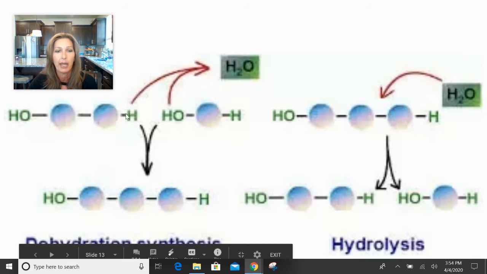Remember that anytime we are doing dehydration synthesis, we are building polymers. Anytime we are performing hydrolysis, we are breaking down polymers into smaller subunits. So if I refer to hydrolytic enzymes that are in lysosomes, hydrolytic enzymes are breaking down macromolecules.